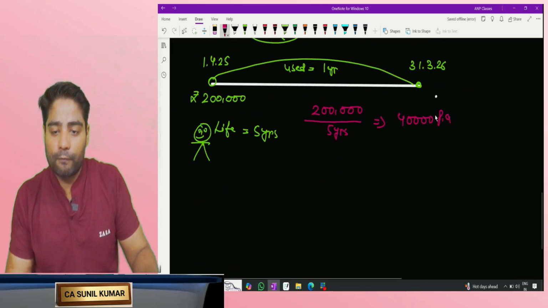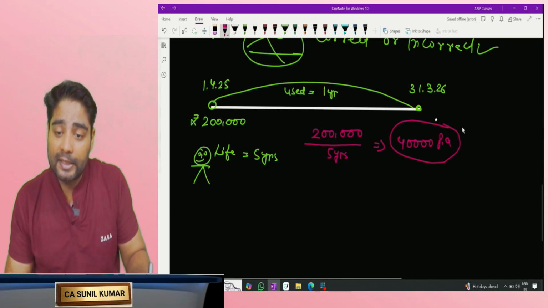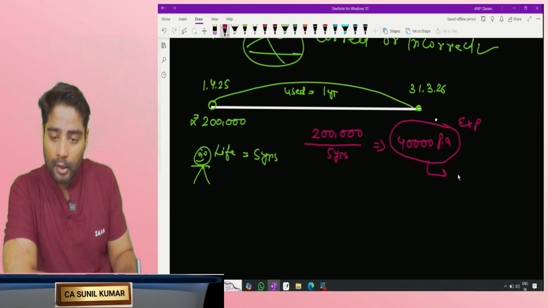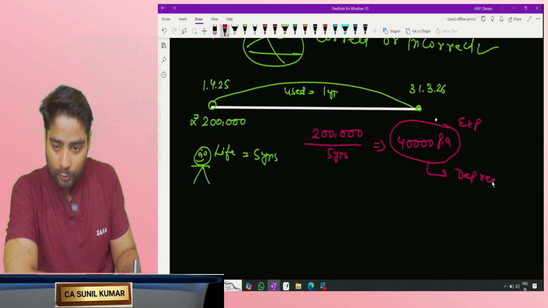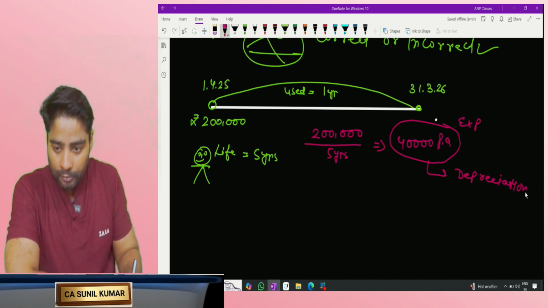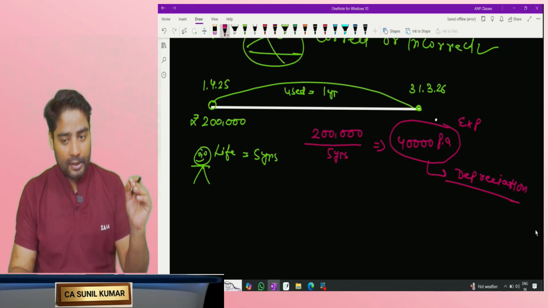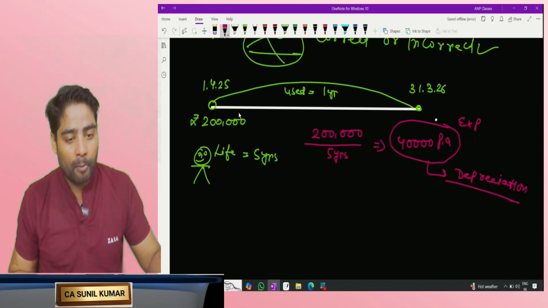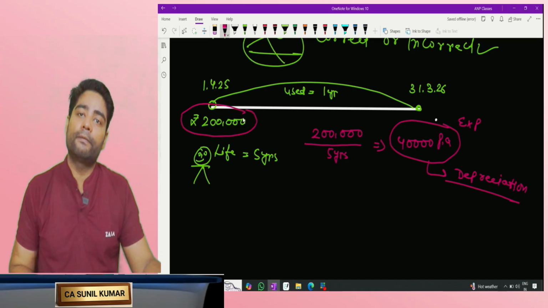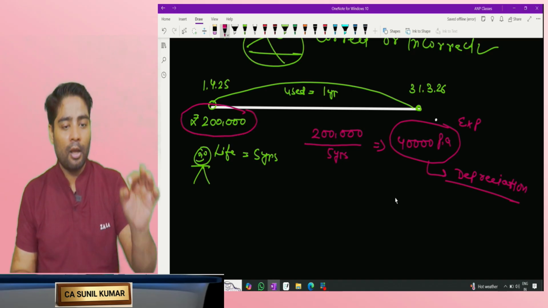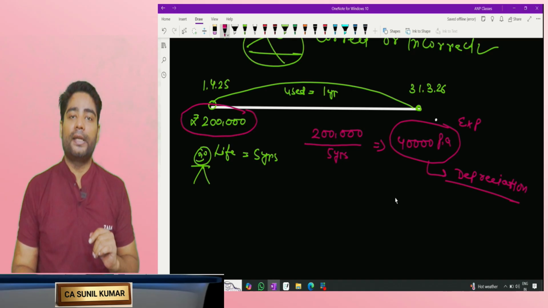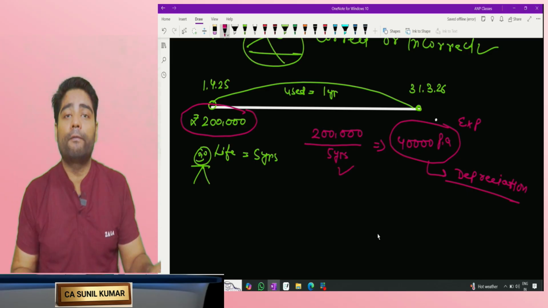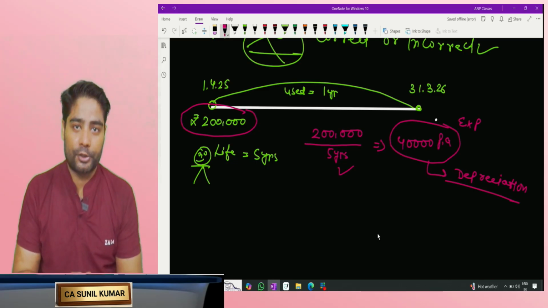This 40,000 that I have taken as an expense in the name of furniture is called depreciation. So what is depreciation? In simple terms, depreciation is nothing but the cost of the asset which is spread during the life of the asset. It is called depreciation.